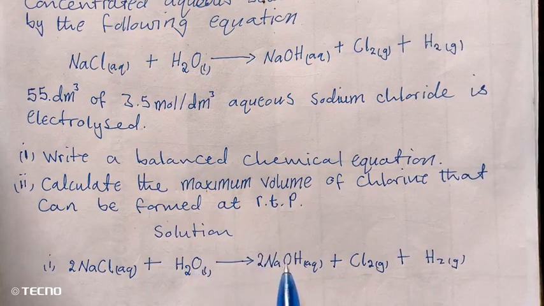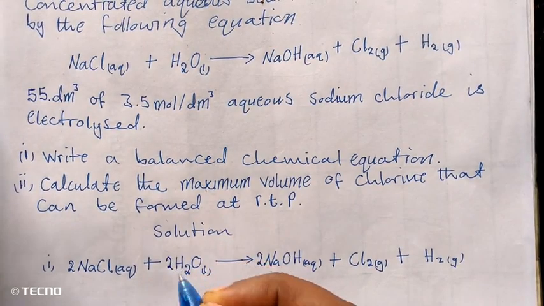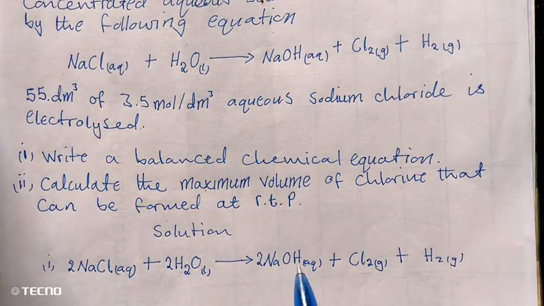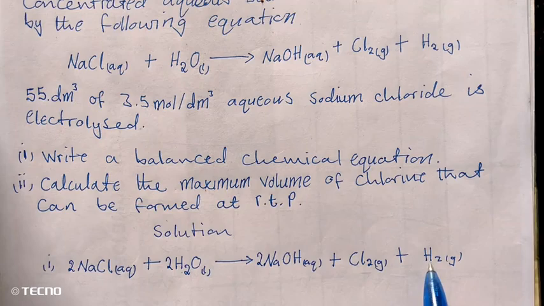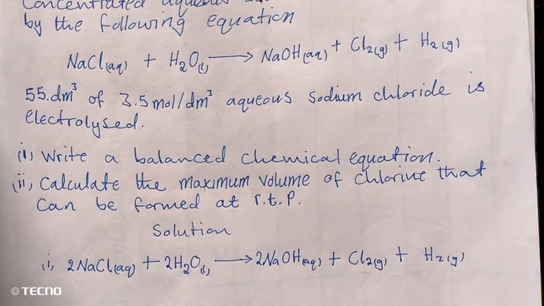So where there is oxygen you also add 2. So where there is oxygen is here where there is water, so you add a 2 there. So hydrogen we've got hydrogen 4, then here hydrogen is 2 plus this one there is 2, then it is what? Balanced, you get full mark, just answering like that.